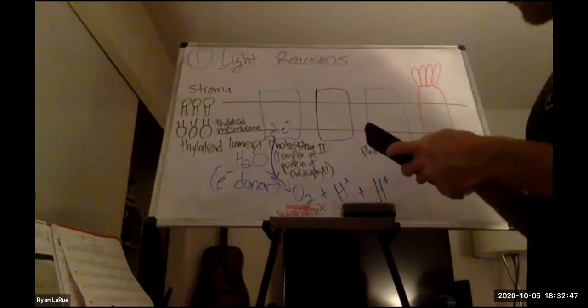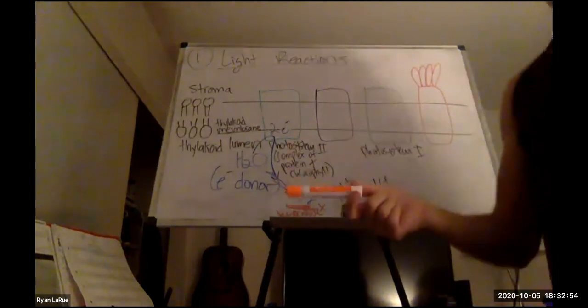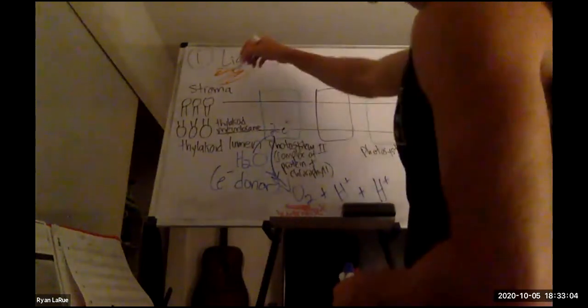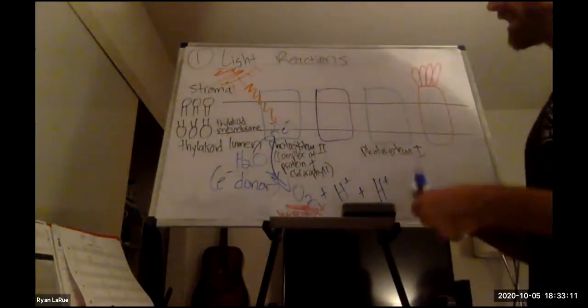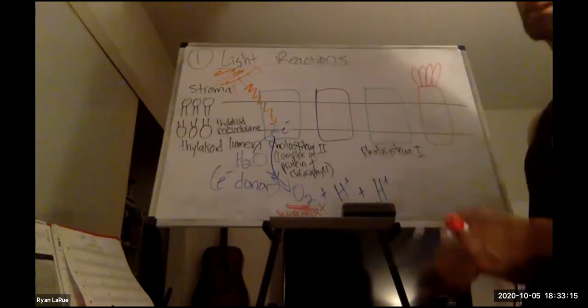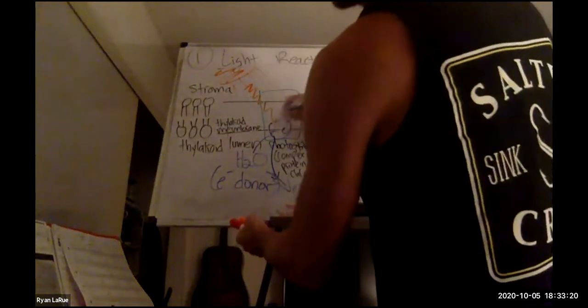Okay. So the next thing that happens after water donates electrons is we need sun, right? The light reactions. So the sun, there's my sun, is going to shine and transmit heat energy and excite, we call it exciting the electrons. It gives them energy, moves them to a higher energy state.